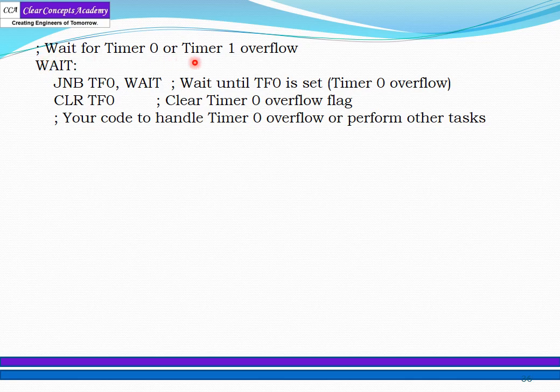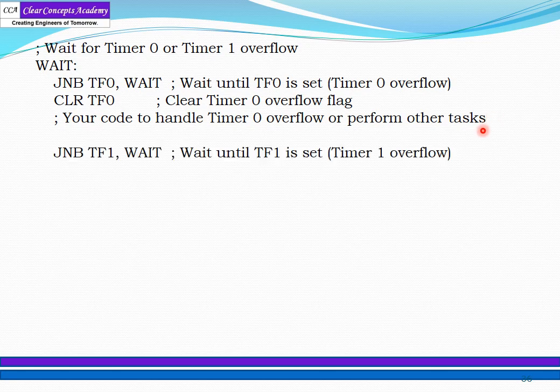When the timer has overflown and TF0 has set to 1, that means some interrupt has occurred, you can write the code at that SFR. Similarly, this can be done for timer 1. This is for timer 0. You are waiting here till timer 1 overflows.